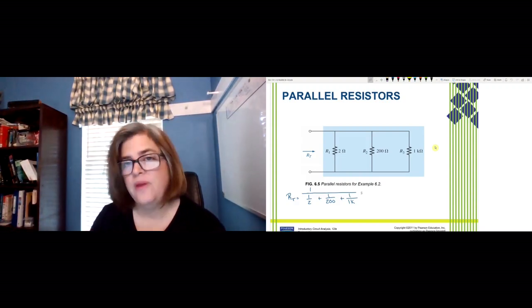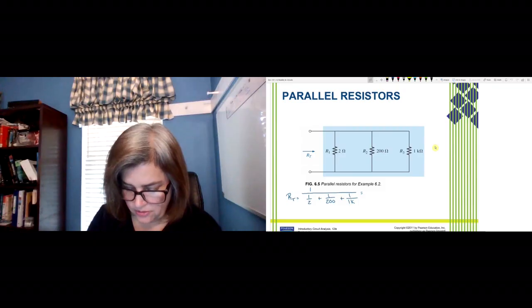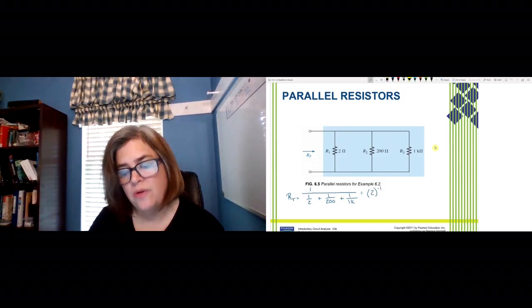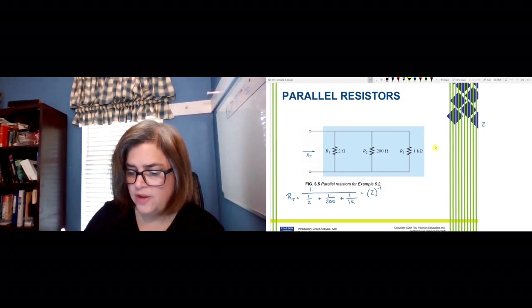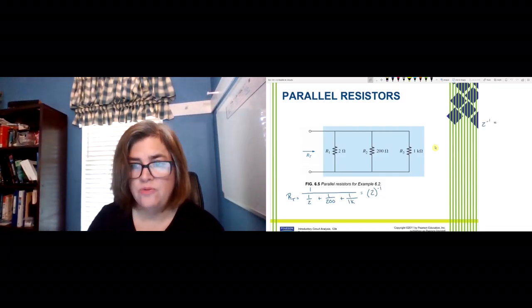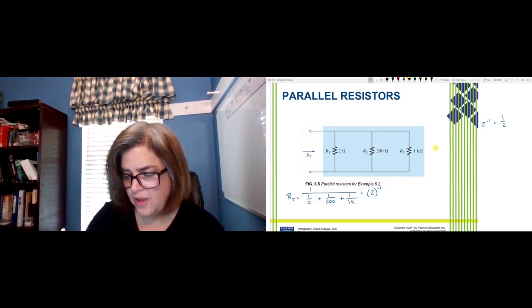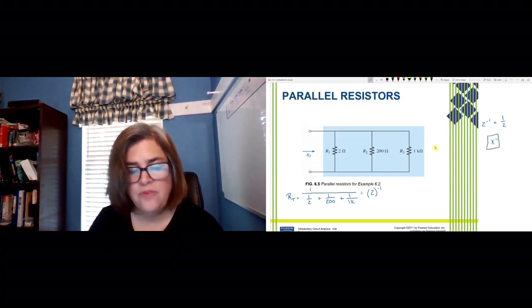So when I put this into my calculator, here's kind of what I do. I'll take the 2 and I'll raise it to the -1 power. Okay, 2 to the -1 is 1 over 2. In order to do this, you might have an x to the -1 button like I have.